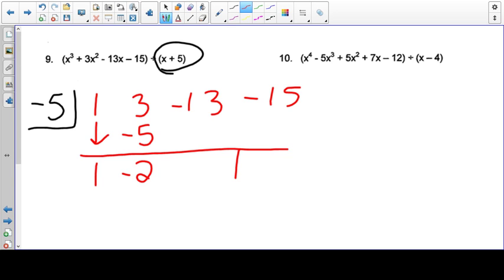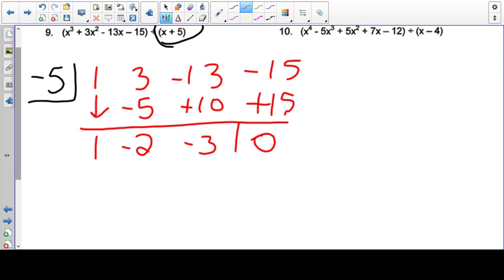I have negative 2 times negative 5, which gives me positive 10. I have negative 13 plus 10, which gives me negative 3. Then negative 3 times negative 5, which gives me positive 15, which means I get 0. So my answer is x squared minus 2x minus 3.